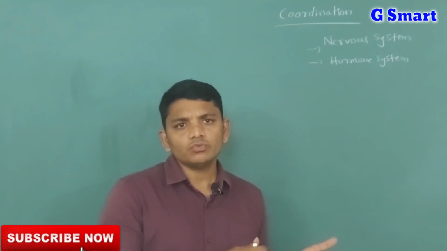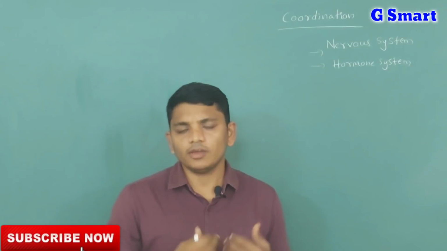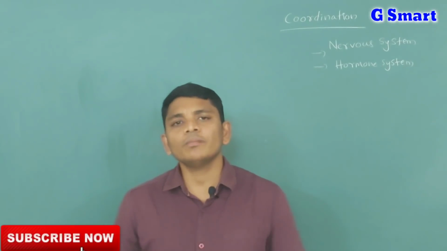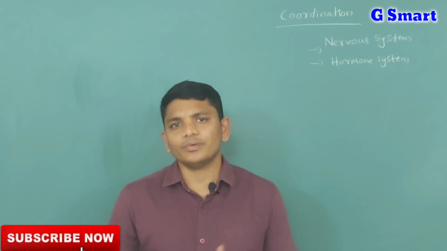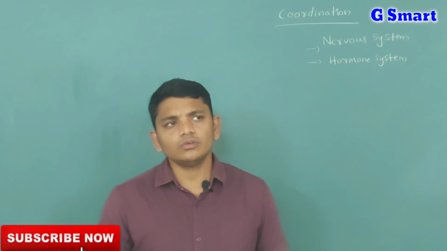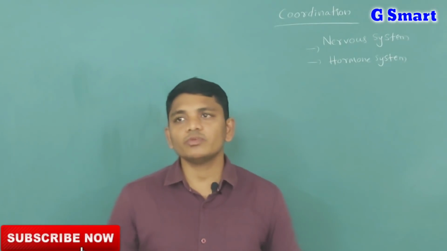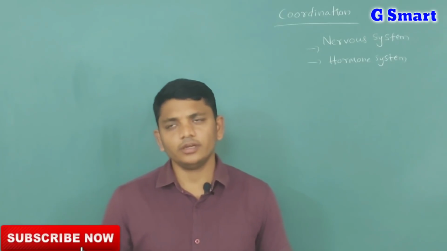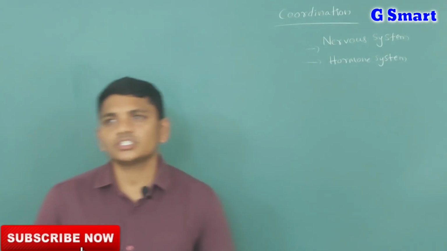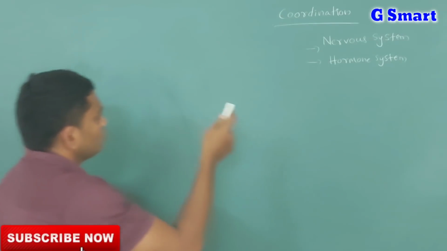If these two systems are not working in our body properly, no work is done properly within our body. So these two systems are mainly responsible for the coordination in our body. Let us discuss the first system, the nervous system.